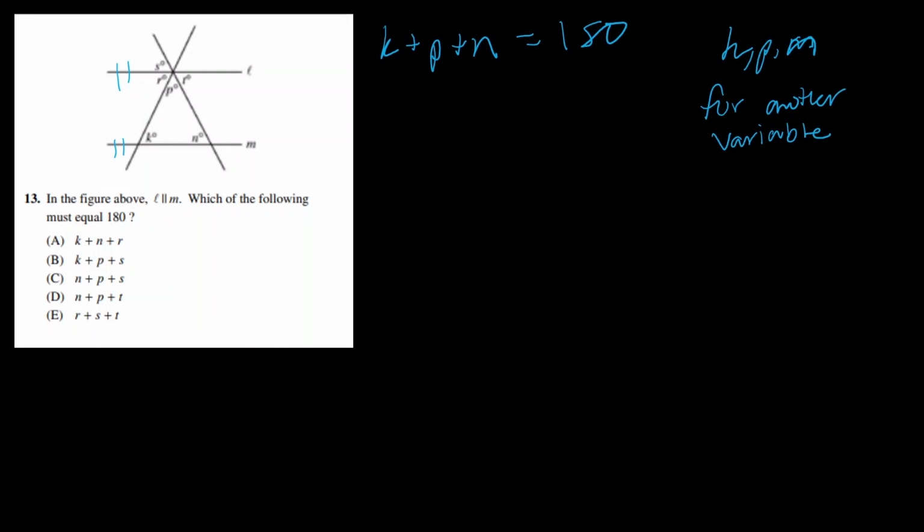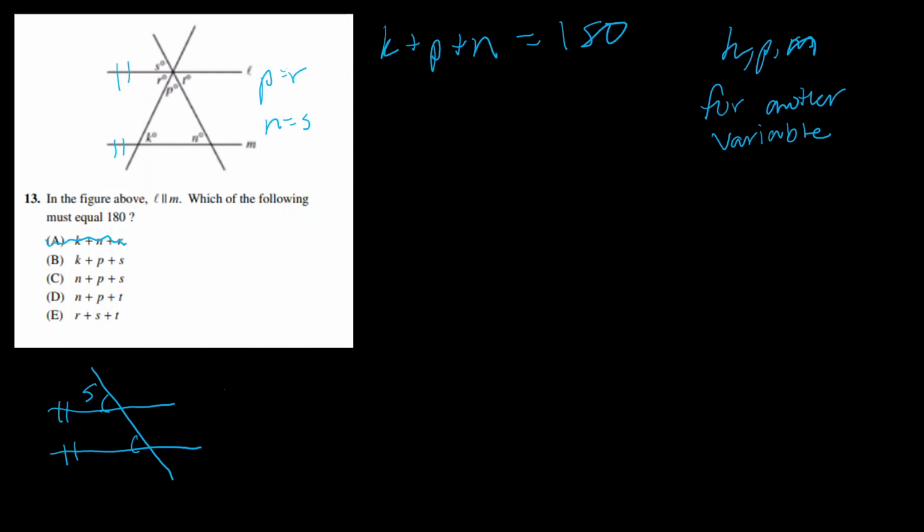So let's look at the first one, K plus N plus R. K, N, and R. Well, I know P and R are definitely not going to be equal. I can't prove that P equals R anywhere, so I'm going to eliminate answer choice A. K plus P plus S. So we're saying N equals S. And if I redraw my picture down here, really just looking at this angle and this angle, I know from my geometry skills that if these two lines are parallel, then those I just marked right there are going to be equal.